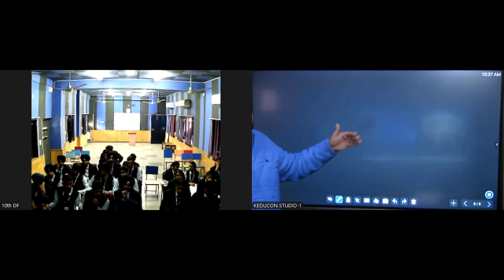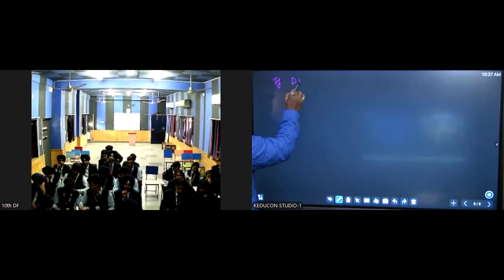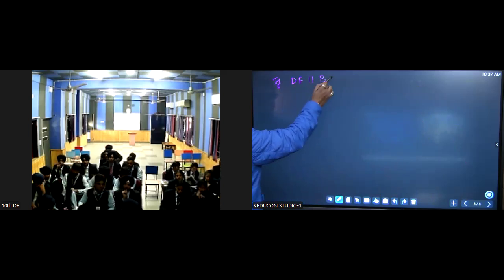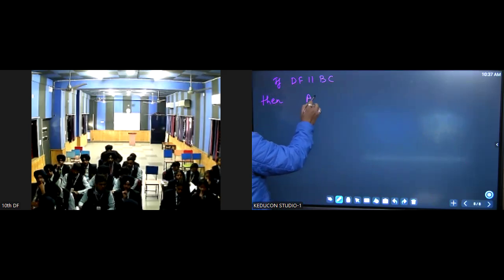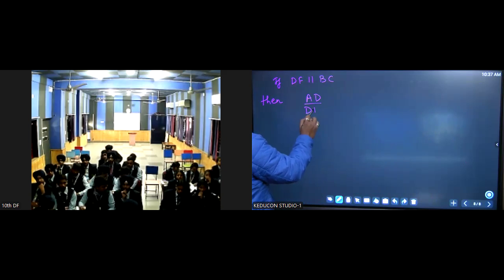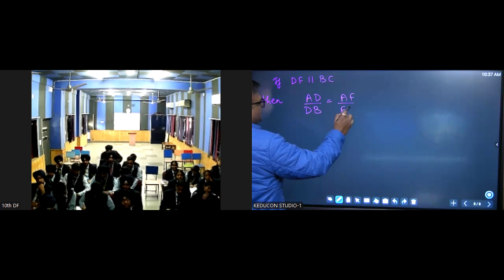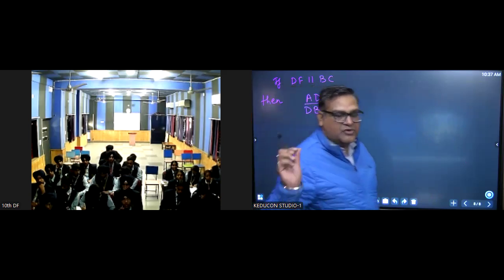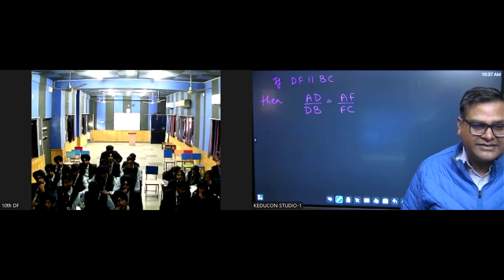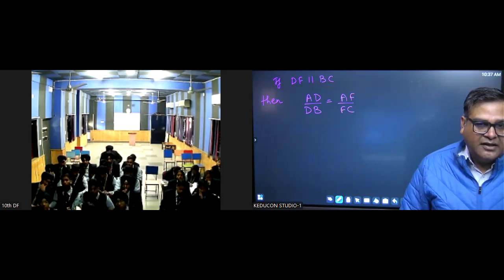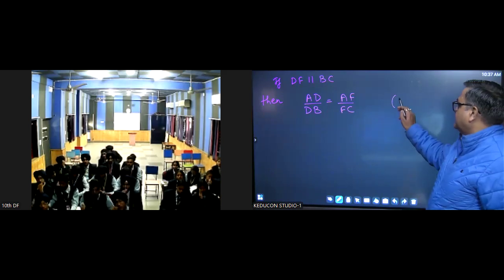Now if DF is parallel to BC, then AD upon DB will be equal to AF upon FC. Yes or no बच्चों? From where we got this result? ये रिजल्ट कहाँ से आया बच्चों? यहाँ पे क्या लिखेंगे हम?